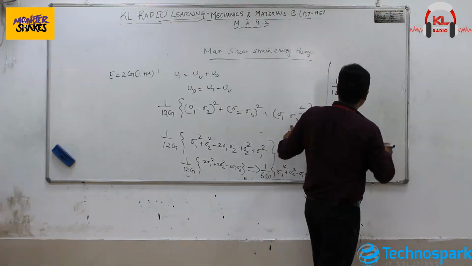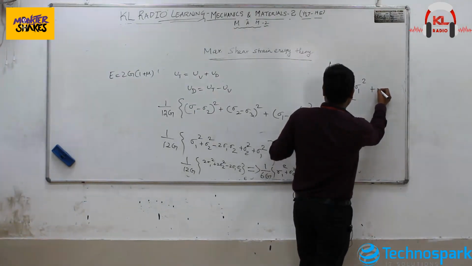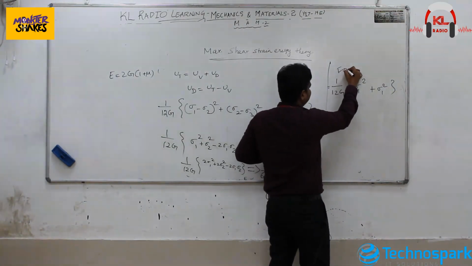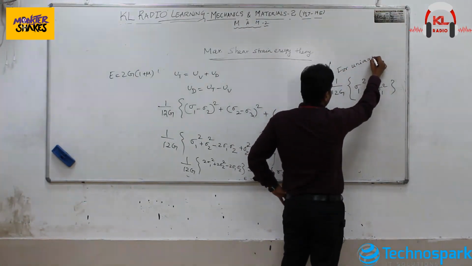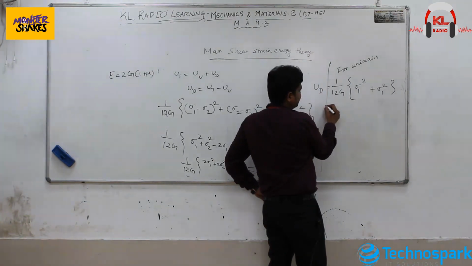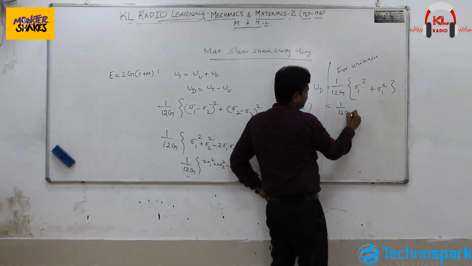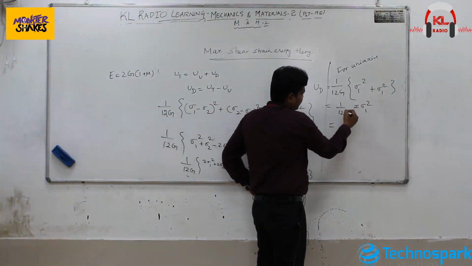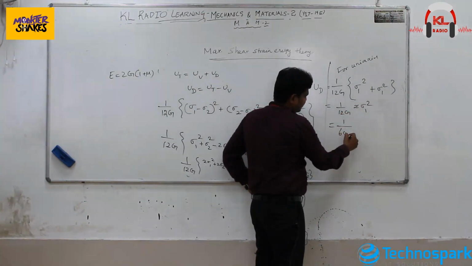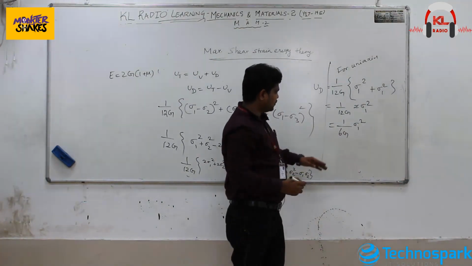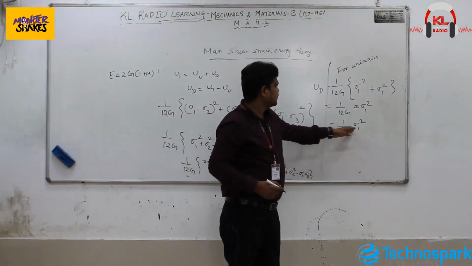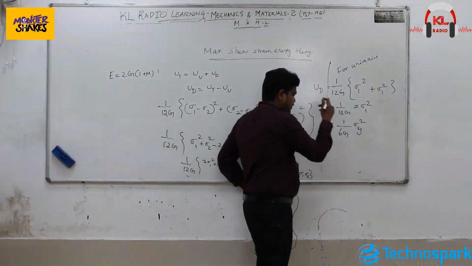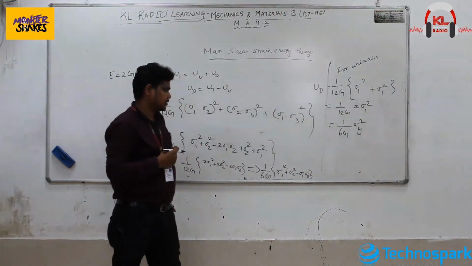And in this term again one more sigma 1 square is there. So for the uniaxial case, the distortion energy is 1 by 12G times 2 sigma 1 square, which is 1 by 6G sigma 1 square. You all know that the principal stress here in the uniaxial case we are calculating for the yield point, so it can be changed to sigma y.